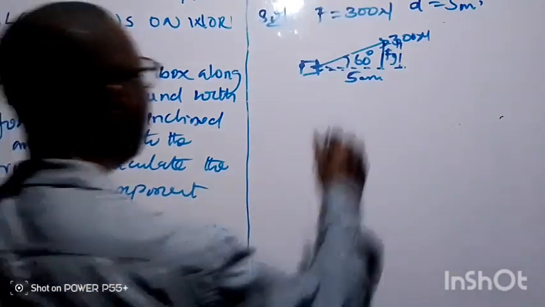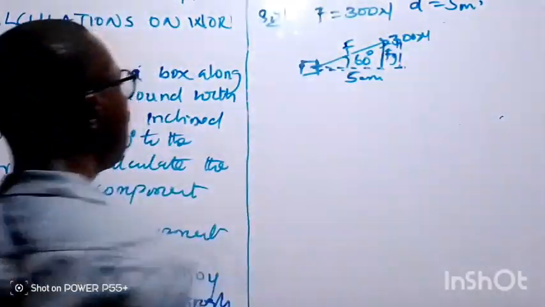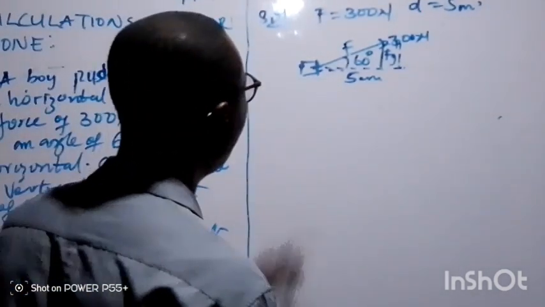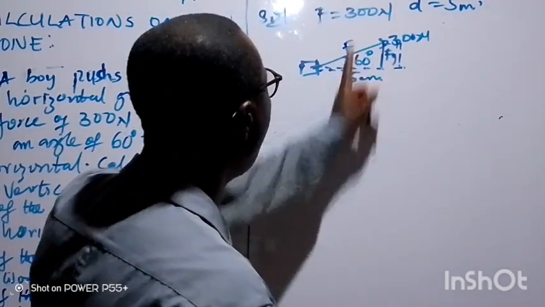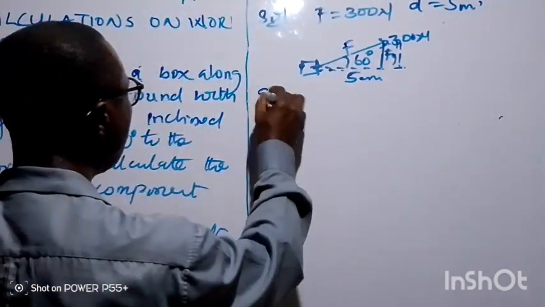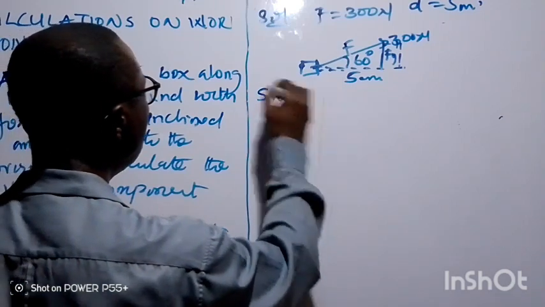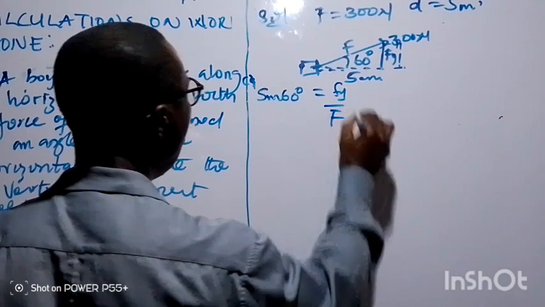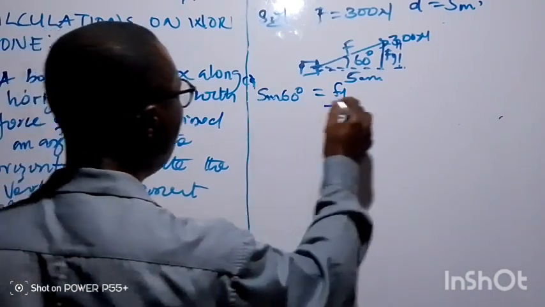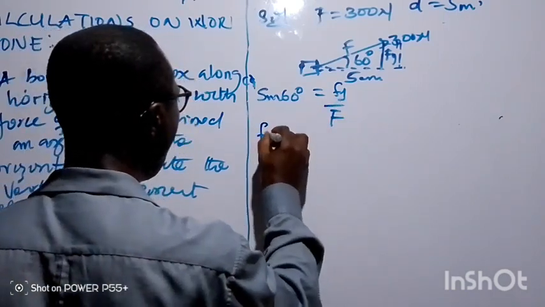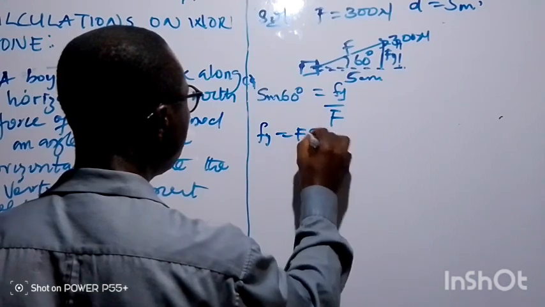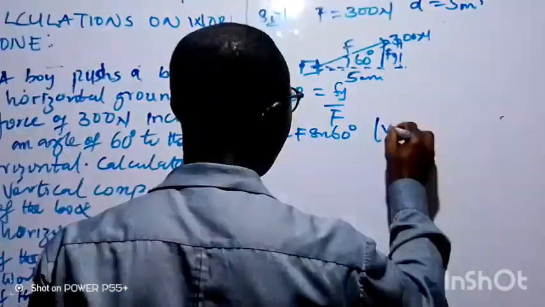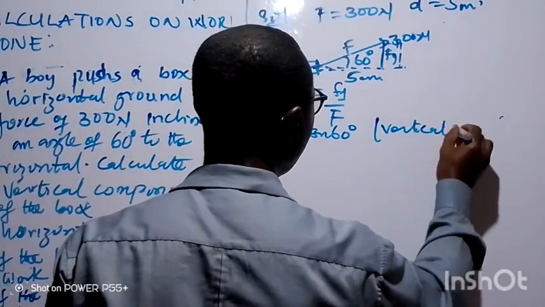This is opposite over hypotenuse. That will be sine 60 degrees is equal to Fy over F. Therefore, Fy will be equal to F sine 60 degrees. That is for the vertical component.